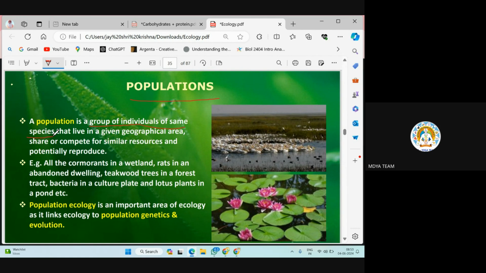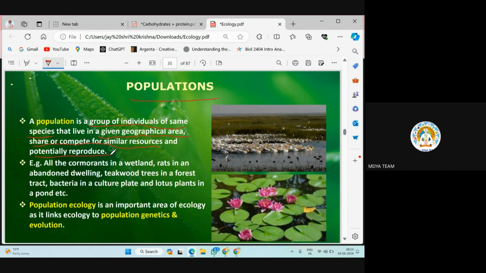The first condition is that the individuals should be of the same species. The second condition is living in a given geographical area, sharing or competing for similar resources, and potentially reproducing. So what are the features of a population?